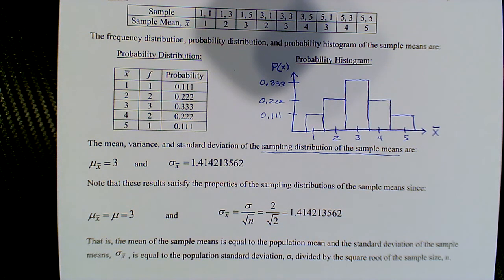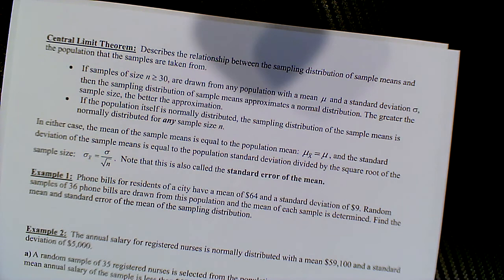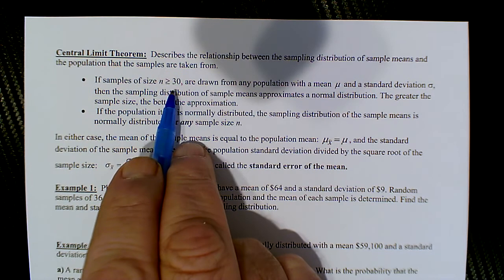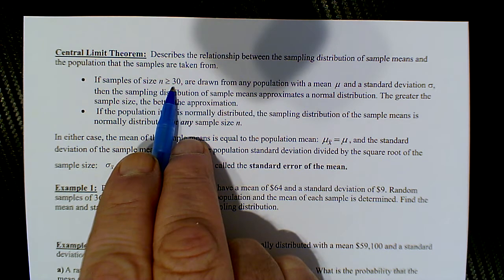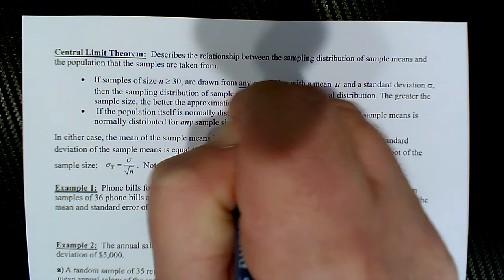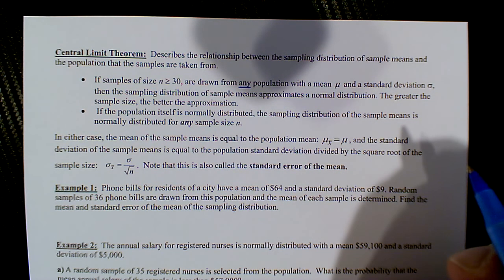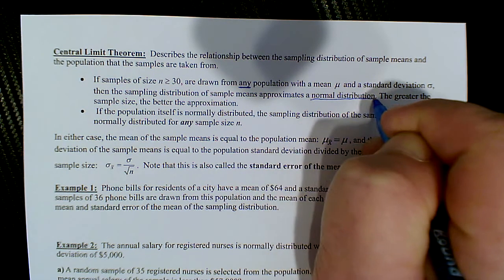Now if we go to the next page, we see the central limit theorem stated formally. It basically says if you take samples of size 30 or greater, 30 is the magic number, from any population, it doesn't matter what the population looks like, then we're going to have those characteristics that we talked about, and the sampling distributions will approach a normal distribution.